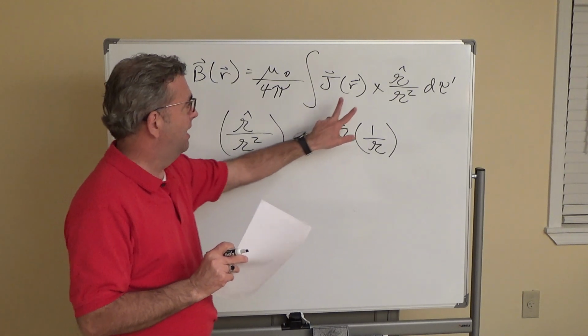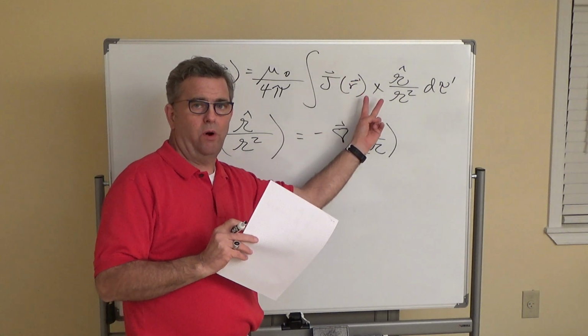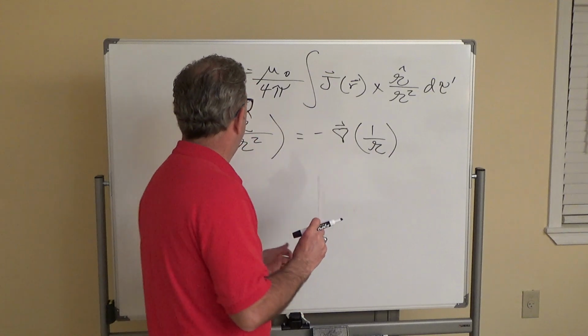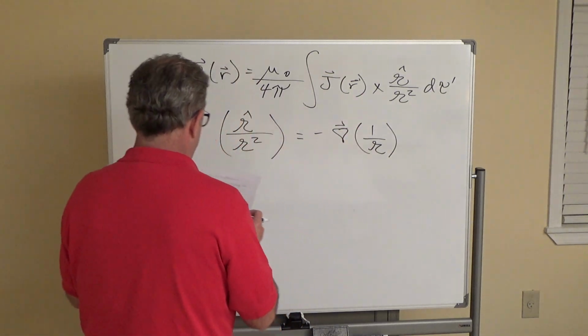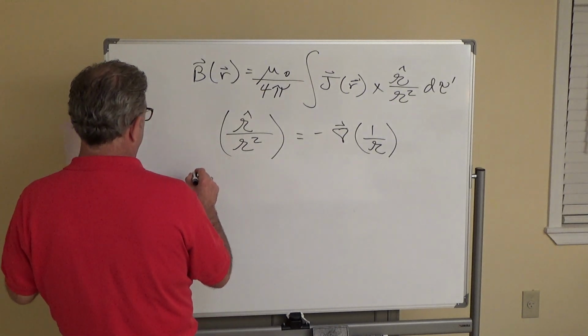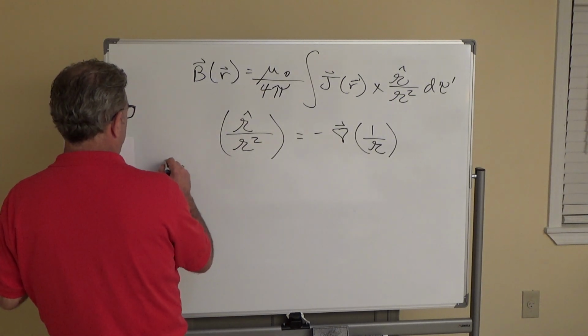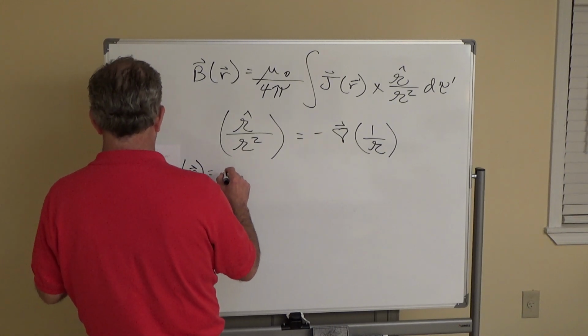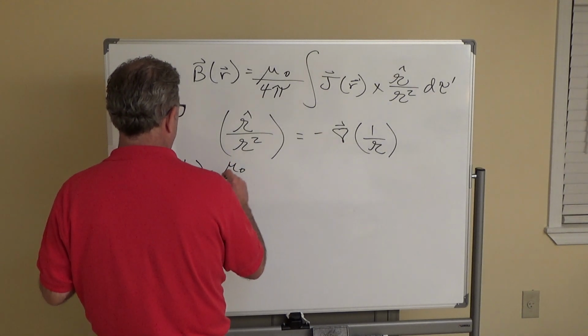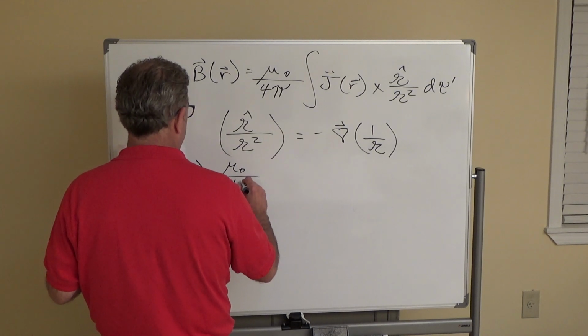To get rid of the negative, I'll reverse the order of the cross product, because you know that the cross product anticommutes. So we get B of r is equal to mu naught over 4 pi.